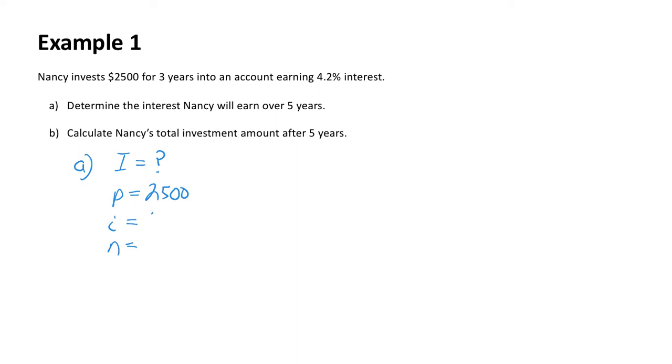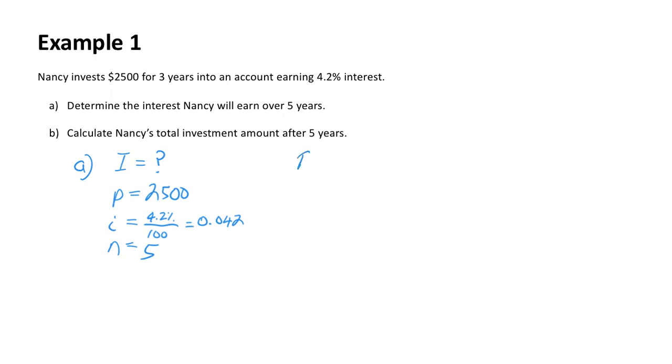My interest rate is 4.2%, but remembering I need that as a decimal, I'm going to convert that into 0.042 by dividing 4.2 by 100, and then my time period is going to be 5. Once I have that information, I can go ahead and start my calculation.